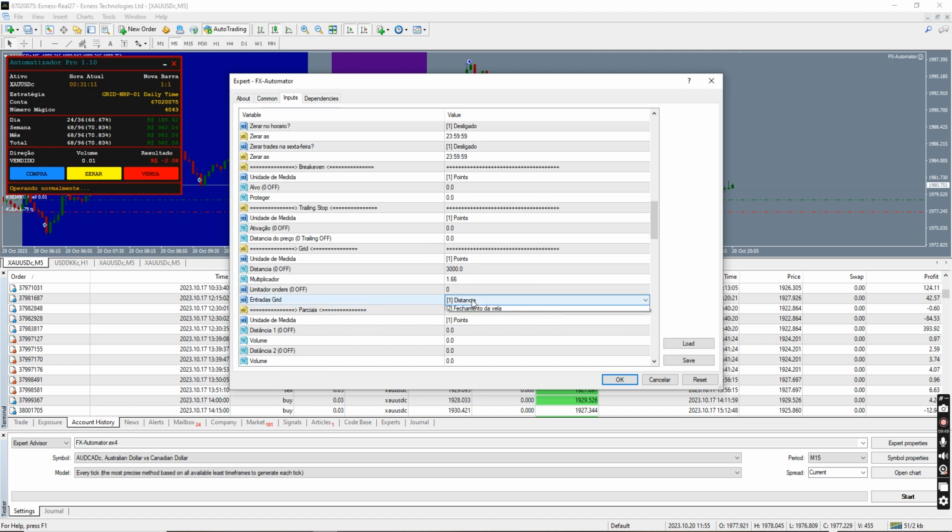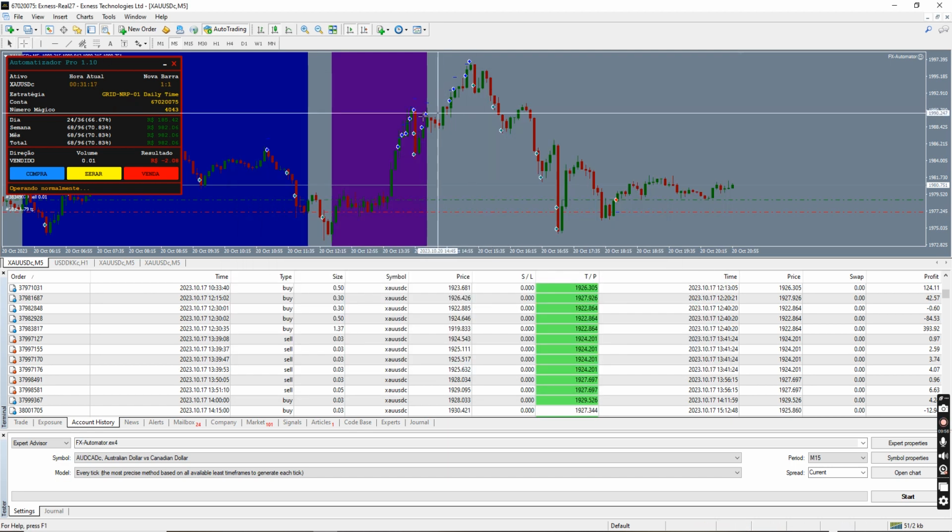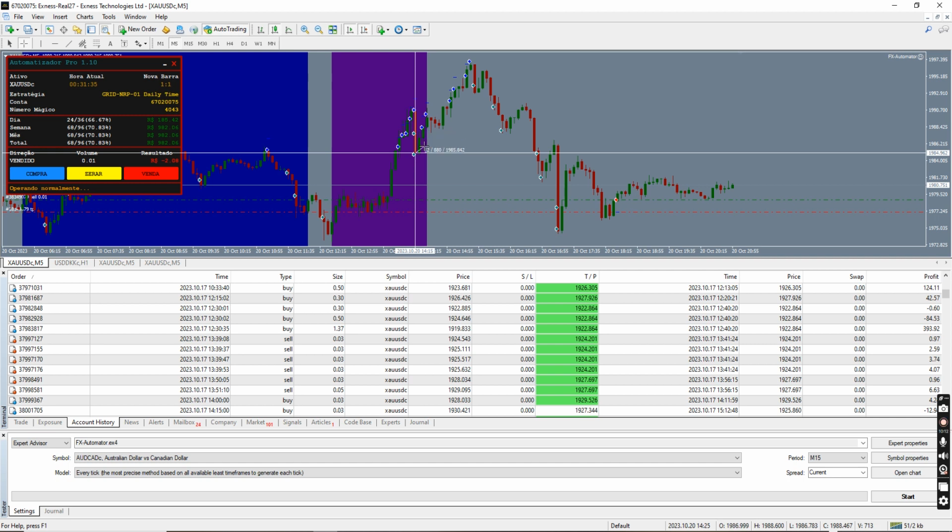So if I put it to candle close, that means we open the first trade and we only open the second after this candle closes. So it was not going to open this one in the middle, only after the candle closing. The market went up, closed all these three here, and continues to buy.